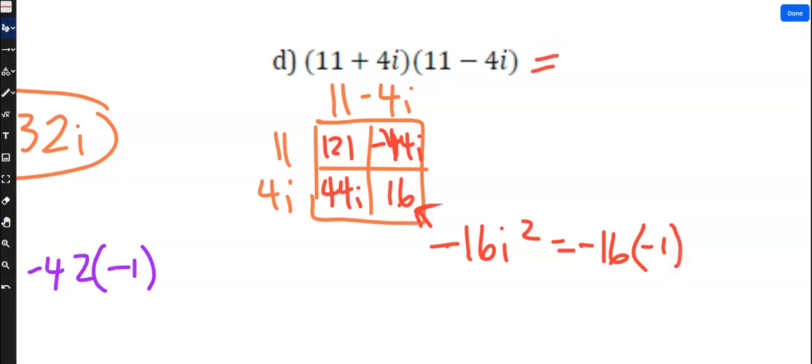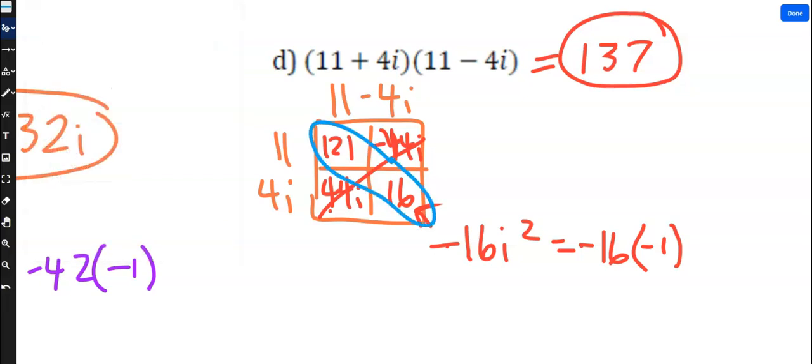So we end up getting 137. Well, yeah, those i's cancel out. We just get 137. That's it, because you add the 121 and the 16 together. Yeah, these add up to 137. Nice.